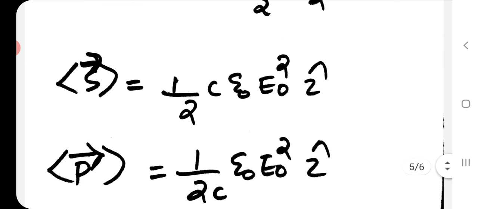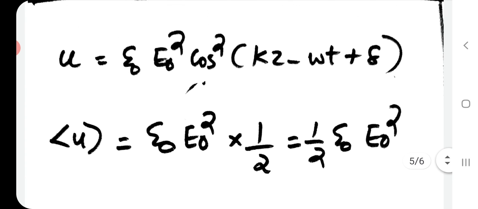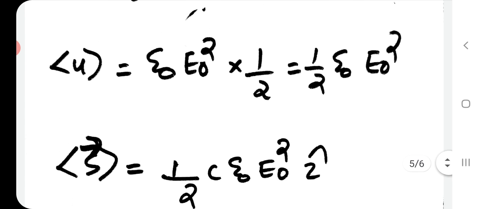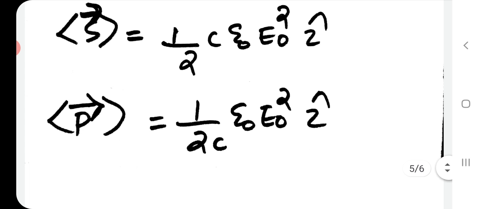The average value of the Poynting vector, or the energy flux density, in the same way, is half c epsilon 0 E0 square z.